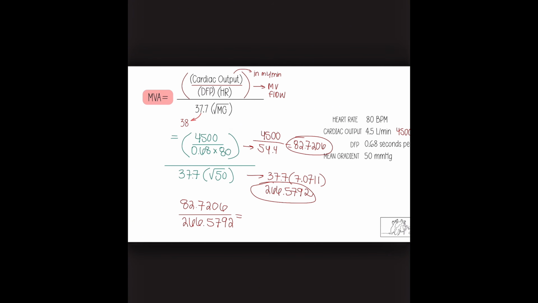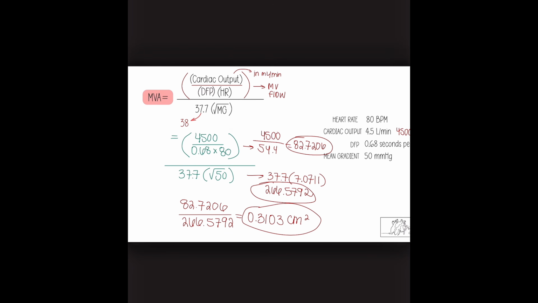Divided by 266.5792 is, oh yeah, that's like wildly stenotic. That's why I got something weird and I said, you know what, let me go back and check my math and just make sure it is correct. For comparison here, normal mitral valve area is large.